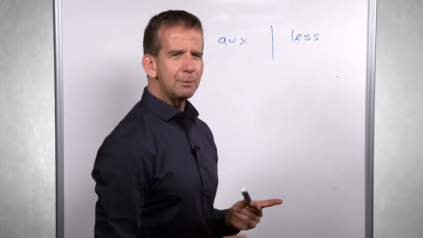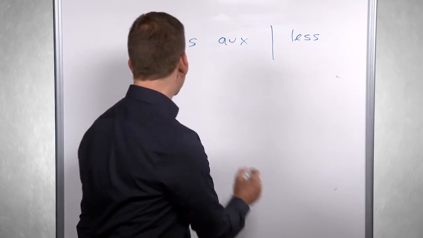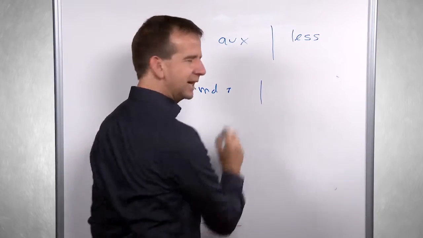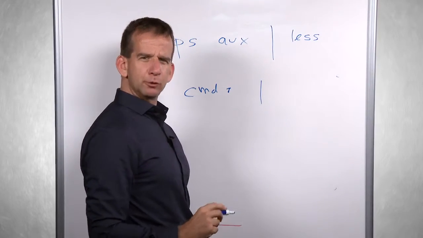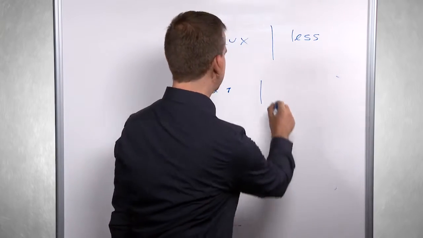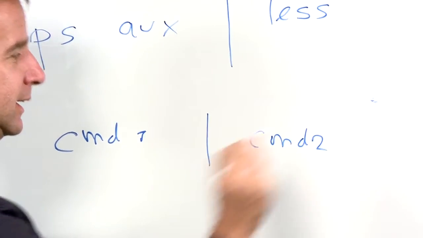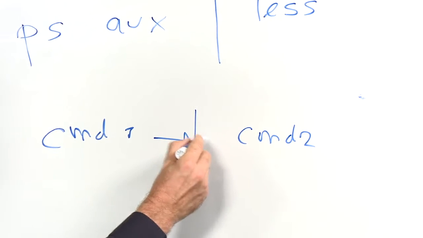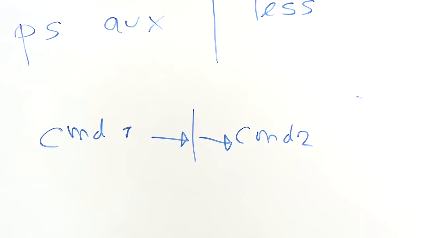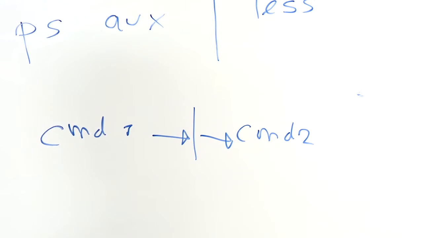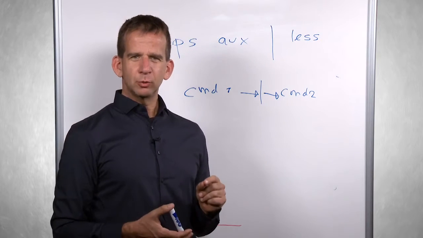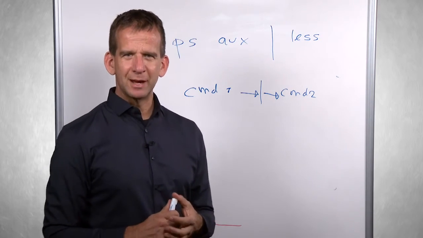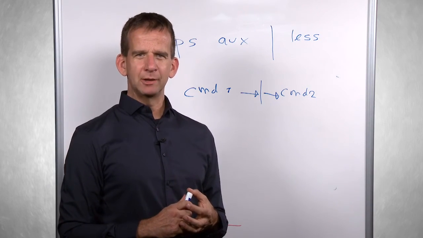So if you want to describe it in a generic way, in a pipe, we have command 1, and command 1 is generating output, and the output of command 1 is sent to command 2 that is doing its thing with it. So the output of command 1 is input for command 2. And that is basically what a pipe is doing. So this is what you need to know about pipes, and you will certainly see lots of examples using pipes later in this course.